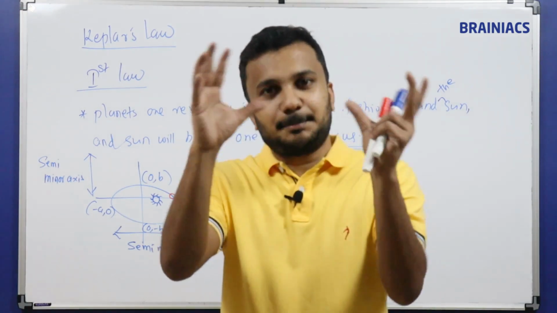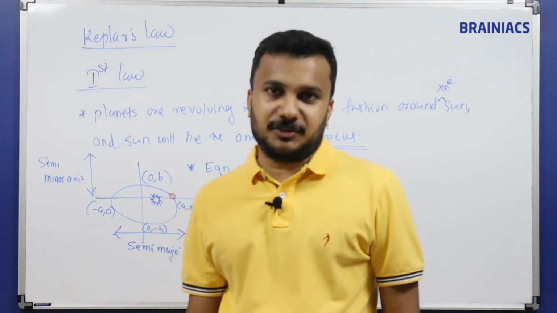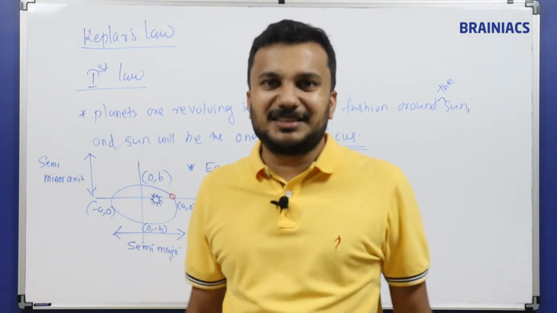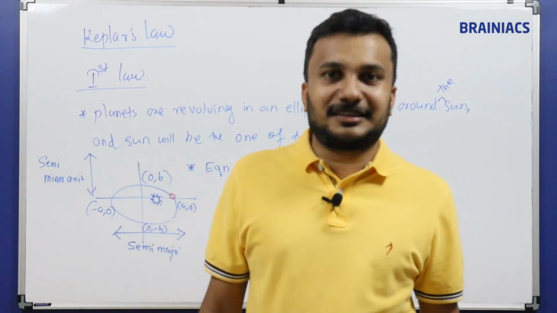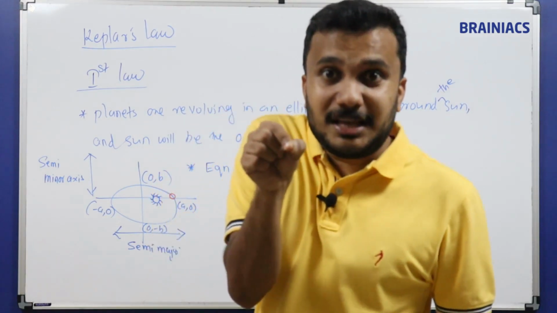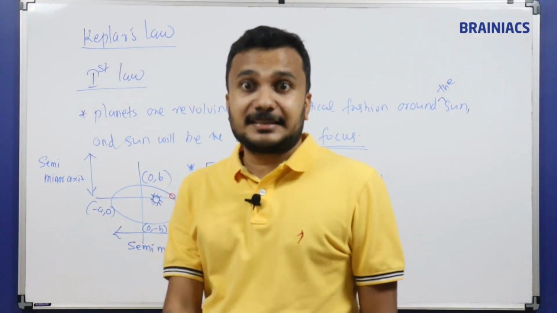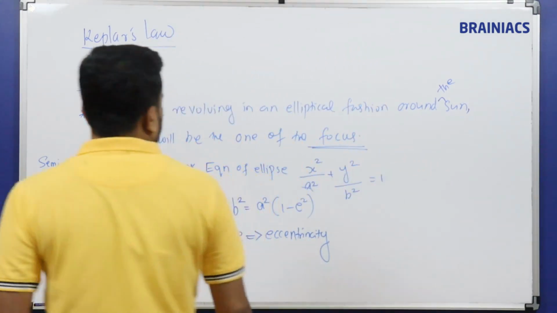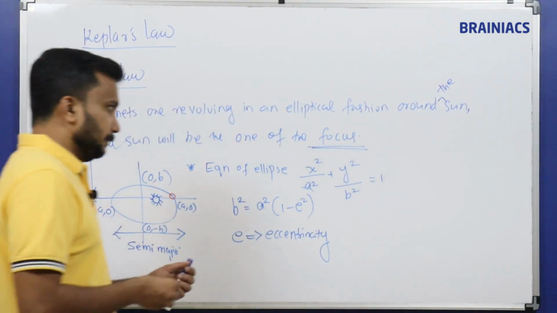A circle is a perfect round shape, but an ellipse is a little stretched lengthwise, not a spherical structure. So eccentricity is the deviation from the circle.